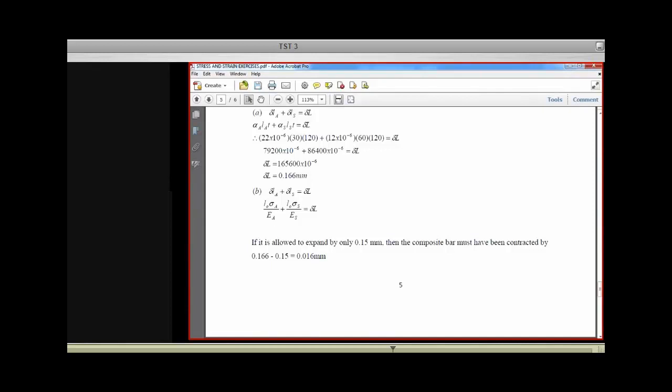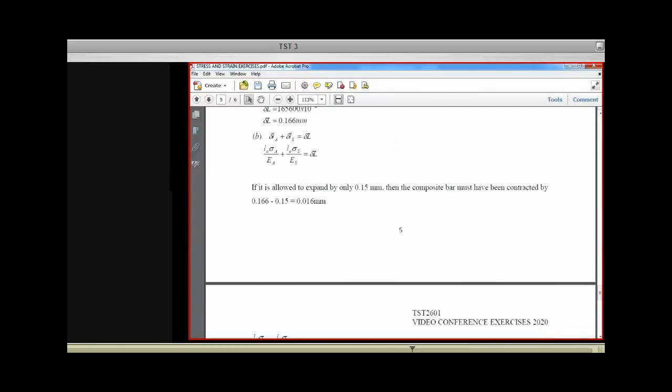Where do we get this from? Remember, the strain is what? Change in length divided by original length. And strain, again, is stress over Young modulus. So if you put together the equation of the change in length divided by length to be equal to stress divided by Young modulus, and you make the change in length the subject of the formula, you will realize that the change in length can be written in terms of original length multiplied by the stress divided by the Young modulus. So we get that equation from that. So now we will be applying this equation, believing that the material has been subjected to a contraction of 0.016 millimeters. So we apply this.